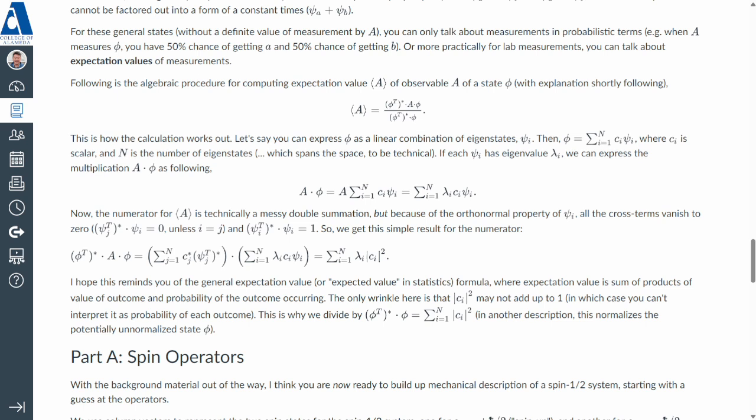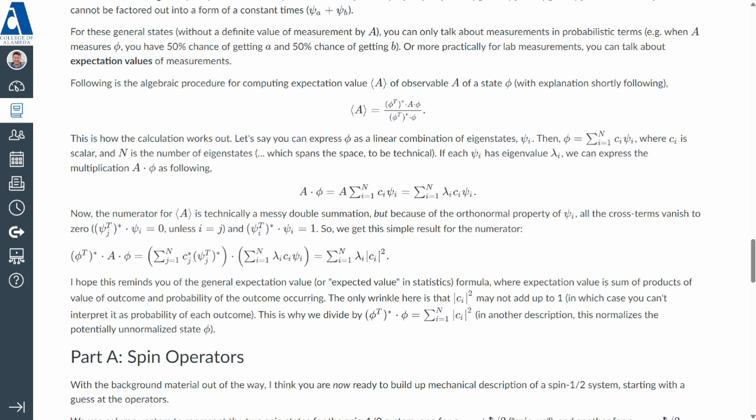Let's say you can express phi as a linear combination of eigenstates, psi I. Then phi is equal to the summation over index I running from 1 to n of products, c sub I times psi I, where c sub I is a scalar and n is the number of eigenstates, which spans the space to be technical.